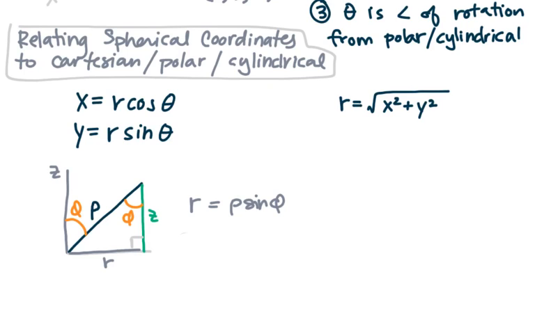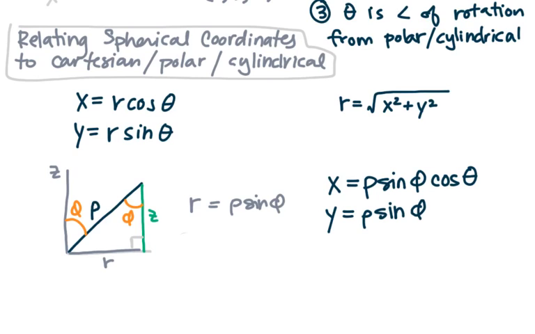Knowing this is going to allow me to redefine x and y. So I can plug rho sine phi in for both of the R values, and I'll end up with x equals rho sine phi cosine theta, and y equals rho sine phi sine theta.